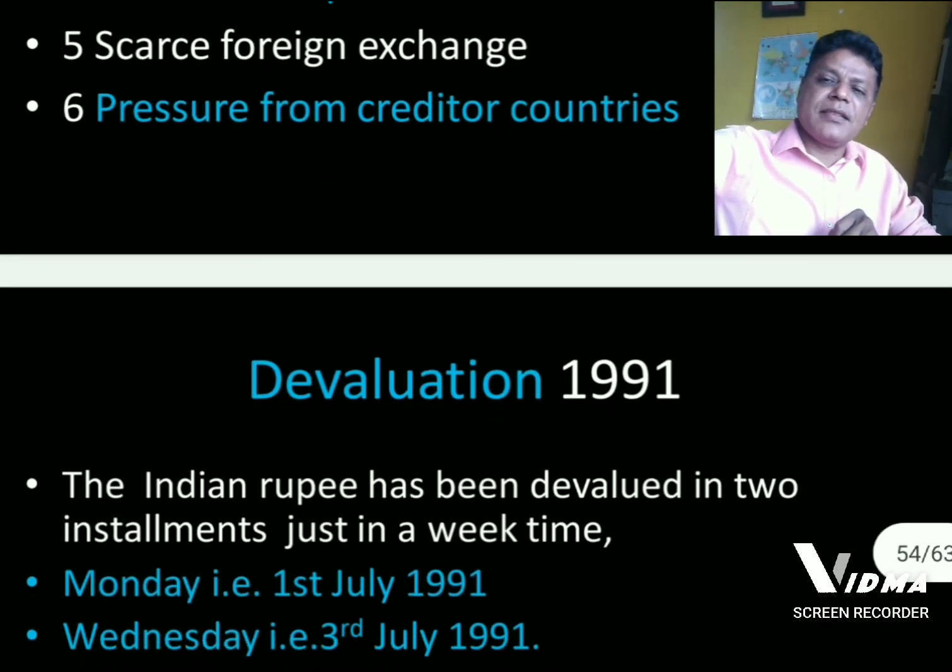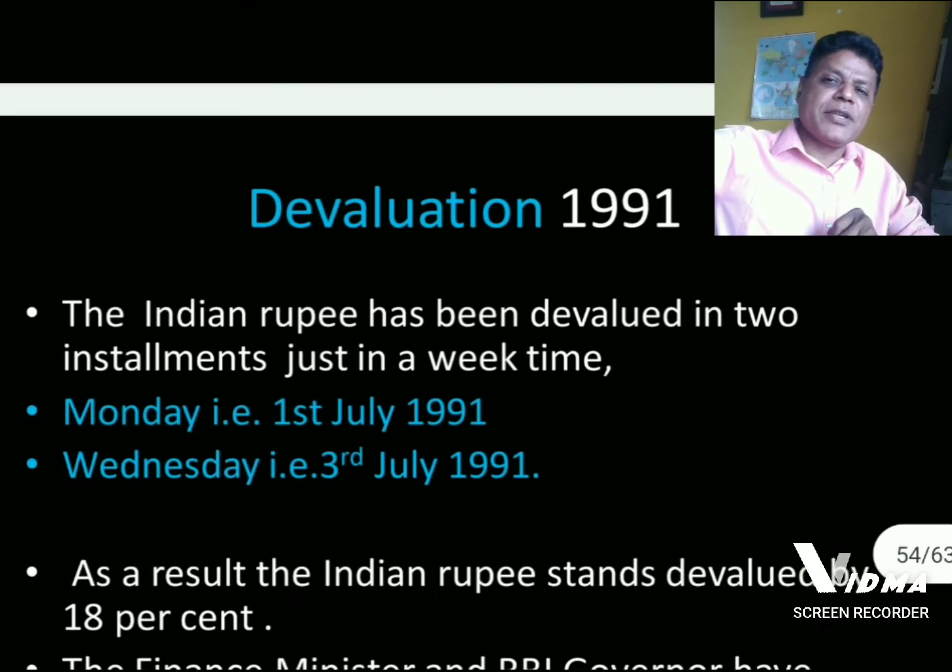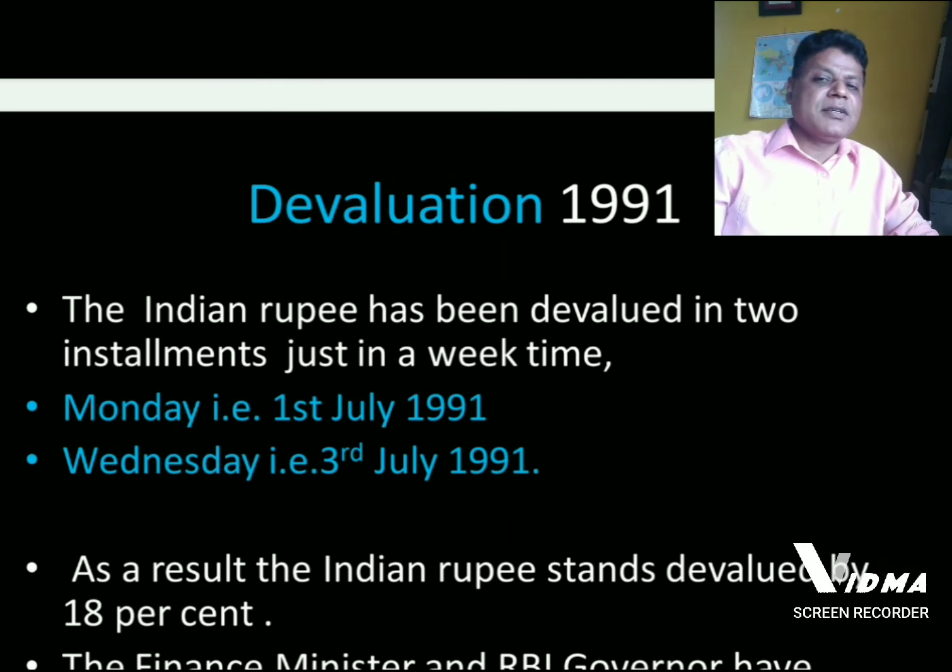After knowing the devaluation of currency introduced in 1949 and 66, we are in a position to know the devaluation of rupee introduced in the year 1991. The Indian rupee was devalued in two phases, in two installments, in just a time period of 1 week.